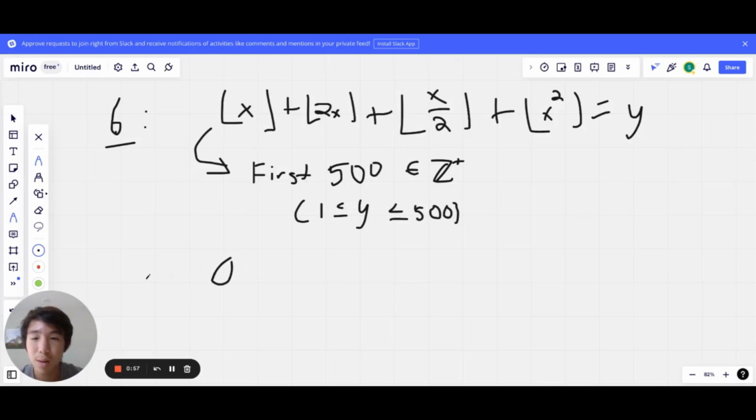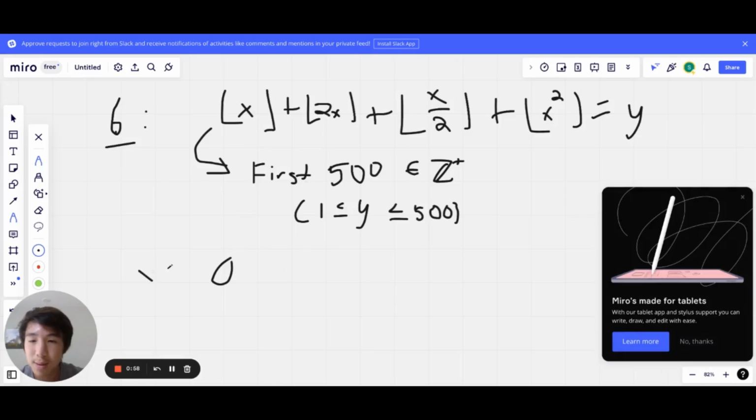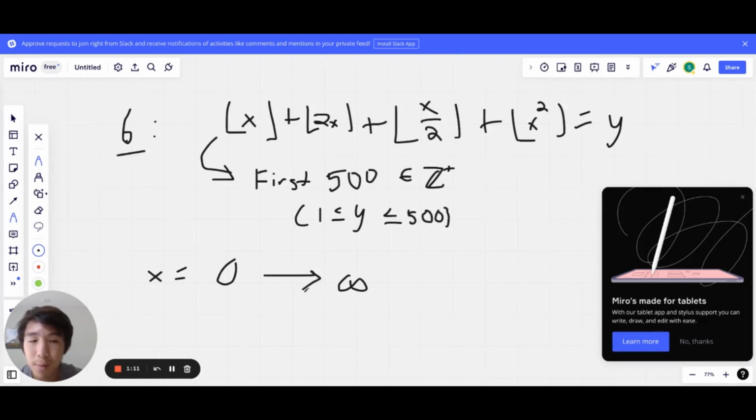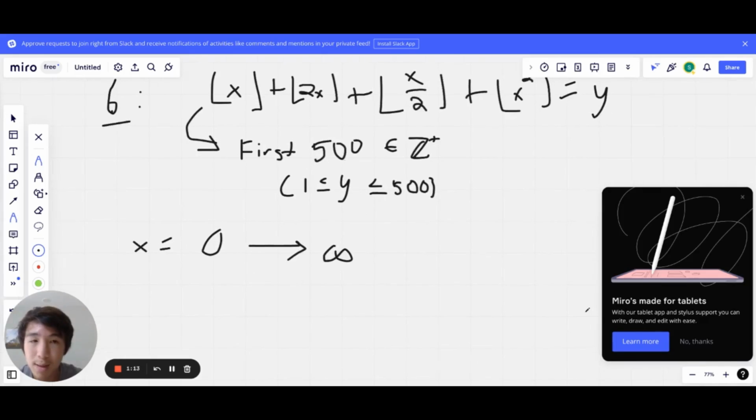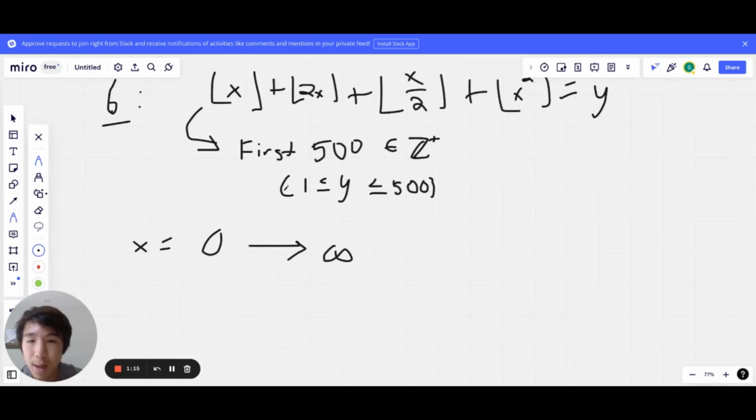So let's say we start at x is equal to 0, and then we have it go to infinity, and x is always positive, so we don't have to worry about negative numbers, and x can be any real number. And so as x goes from 0 to infinity, how many times does y change?